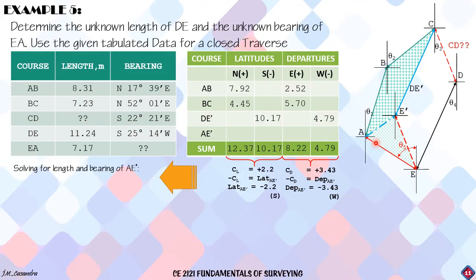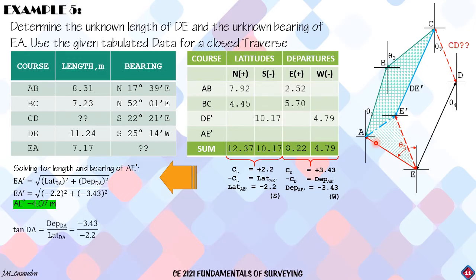So from here, we can now solve for the length and bearing of AE prime. For the length, we'll have now 4.07 meters. For the bearing, we'll have south 57 degrees 19 minutes west.